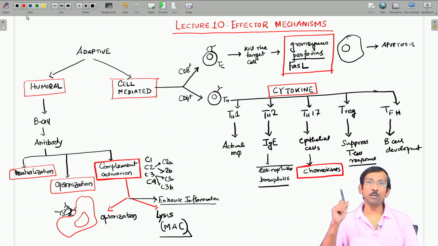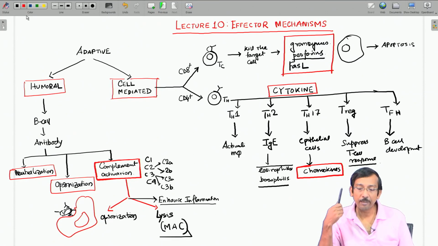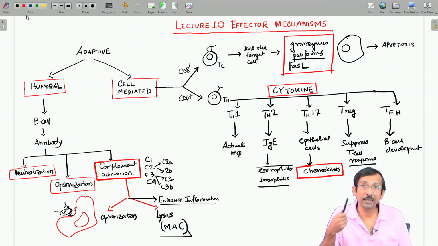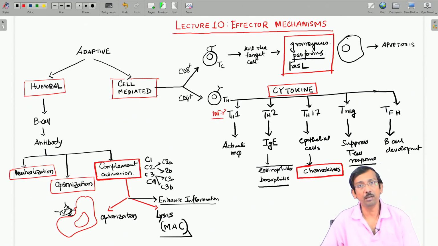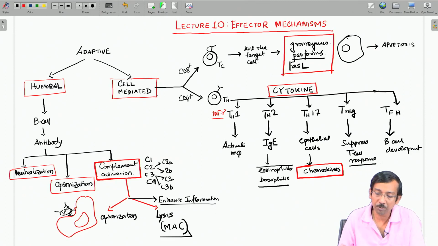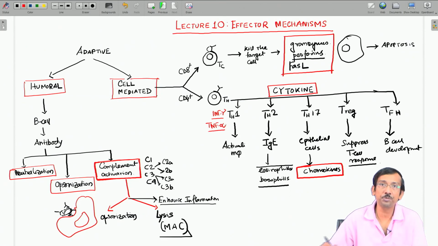Now, let us quickly look into what effector molecules these T cells produce that lead to these functions. The Th1 cells, for example, are the major producers of interferon gamma. We will learn about IFN gamma signaling later. They produce interferon gamma and TNF alpha, which is tumor necrosis factor alpha.